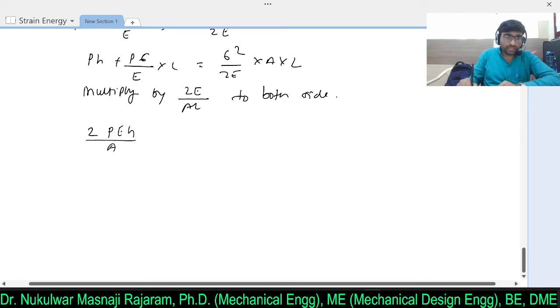2PEH divided by AL plus 2P sigma divided by A. This L and this L will get cancelled, equal to sigma square. Simple.